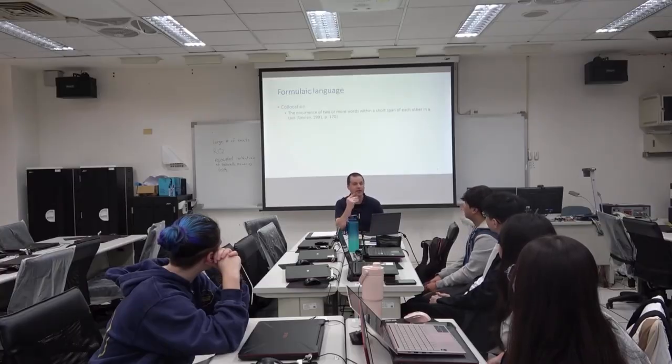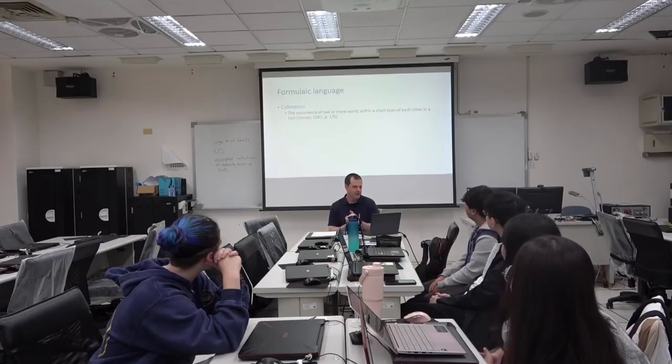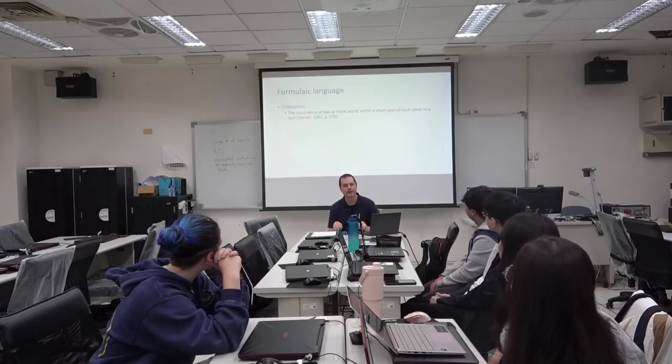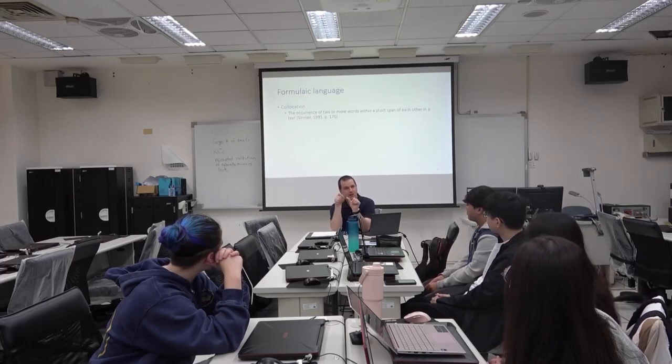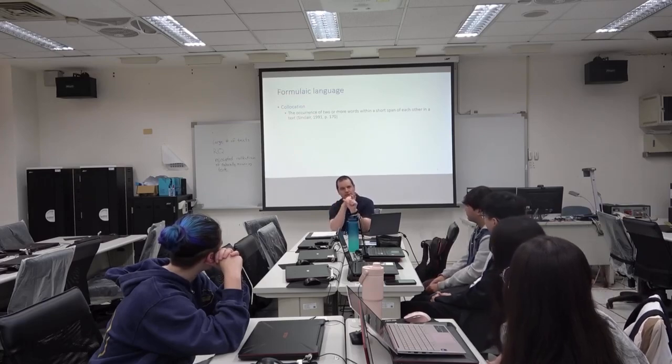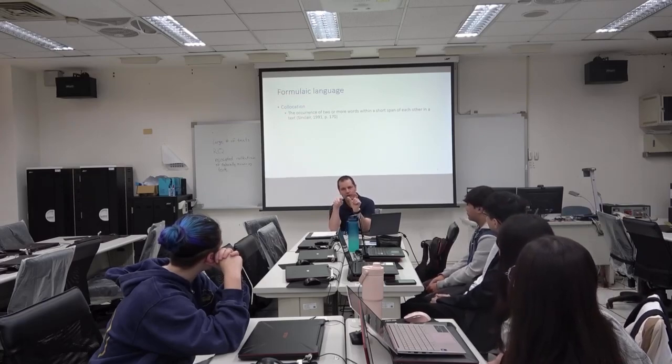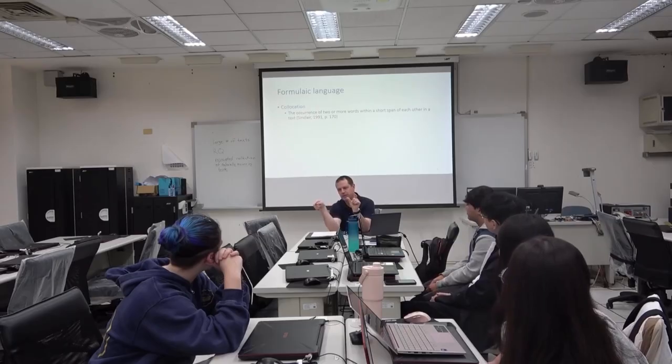It's okay. So collocation is the word for what you were saying right there. Collocation is the occurrence of two or more words within a short span of each other in a text. Usually with collocation, they talk about a word and then the collocate, the word that co-occurs, usually within 4 spaces before or after that word.